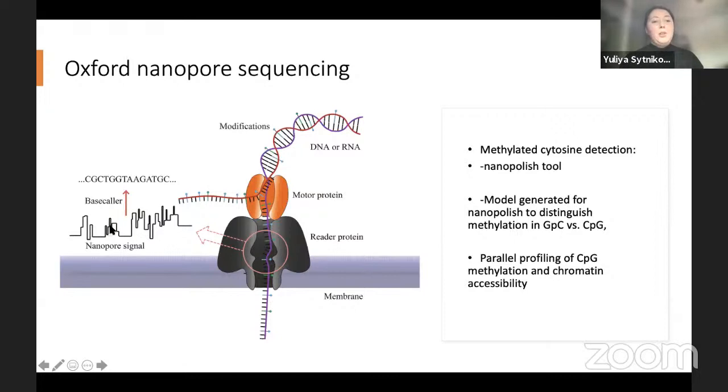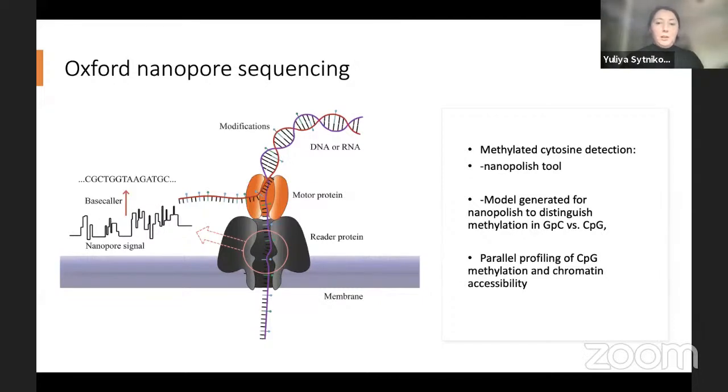From these changes of electric current, you could infer the actual sequence of DNA, and not only that, you could infer any modifications which take place on this DNA strand. This was actually used successfully for inferring CpG methylation, but not only, you could also use it for other types of methylation.